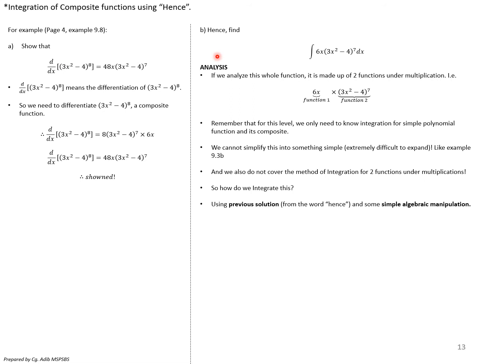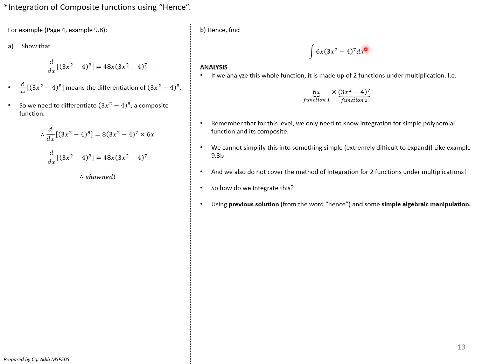Part B is the one that is quite confusing. So, hence find the integration of 6x(3x squared minus 4) to the power of 7. If you analyze this question, first of all, this is very similar to 48x(3x squared minus 4) to the power of 7.